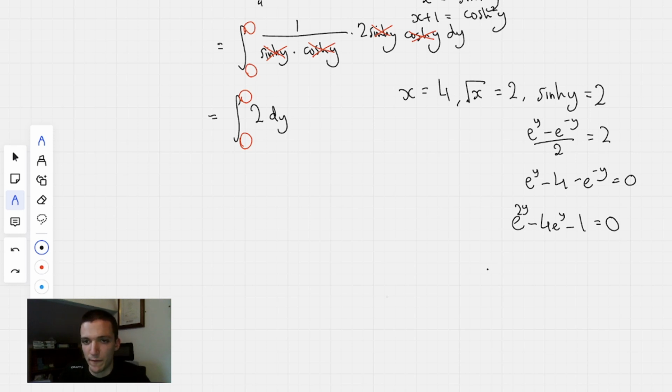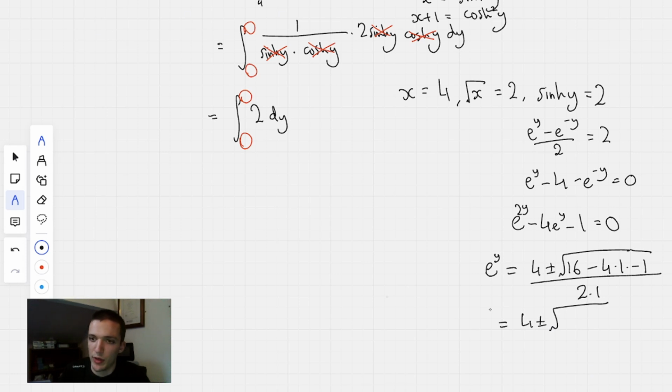So using the quadratic formula now, we're going to get e to the y is equal to negative b, which is 4, plus or minus the square root of b squared, which is 16, minus 4 times a times c, over 2a. That's 4 plus or minus the square root of 16 minus 4 times minus 1, which is plus 4, so square root of 20 over 2.